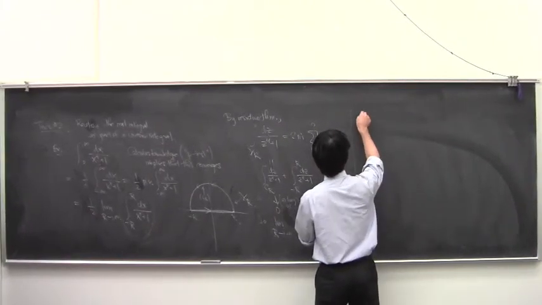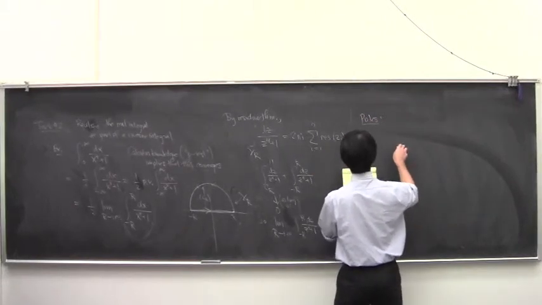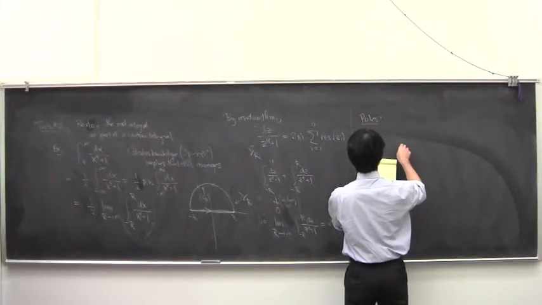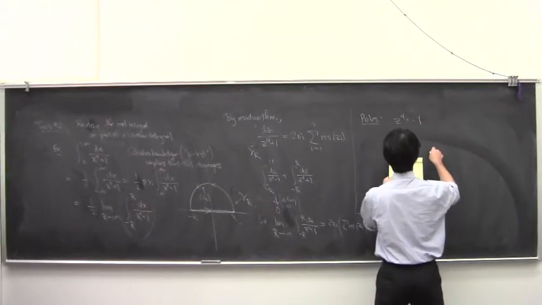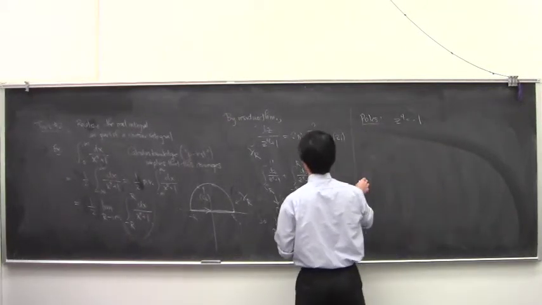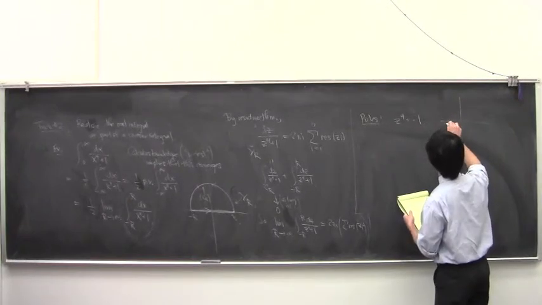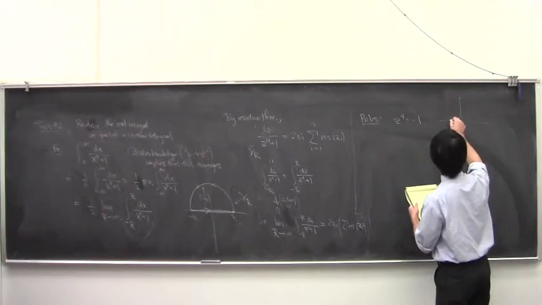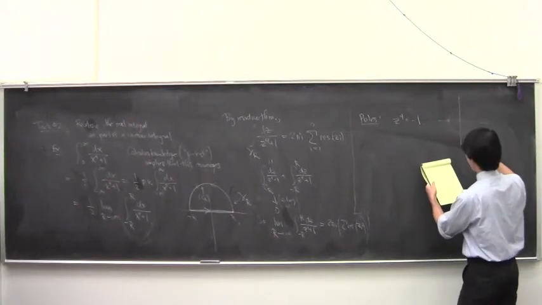So we're at poles. z to the fourth is minus 1, so you end up with the fourth roots of minus 1.